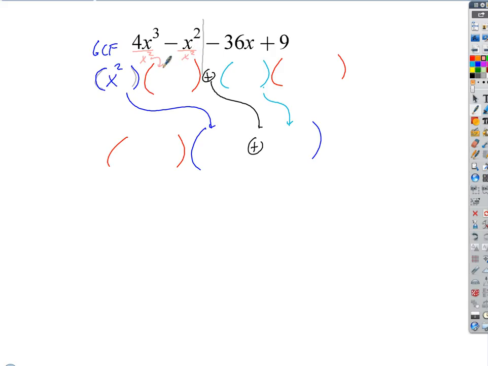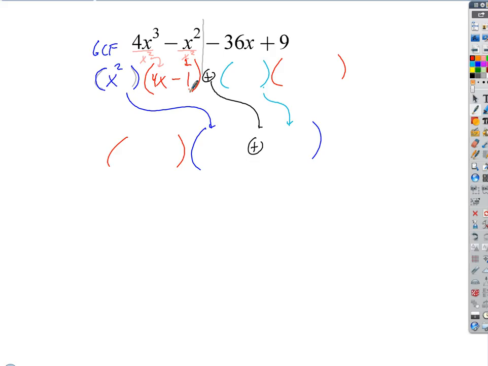Well, what's 4x cubed divided by x squared? 4x. Now, what about x squared divided by x squared? It's 1. They cancel, but it's equal to 1, right? A lot of people were saying, okay, it cancels, so I'm just going to make that a 4x by itself, right? That's not right. It's got to be 4x minus 1, right?